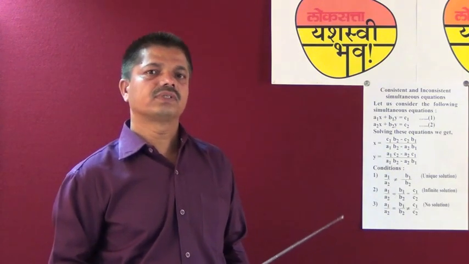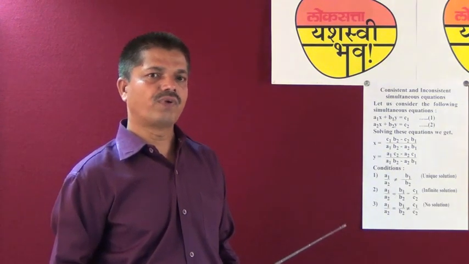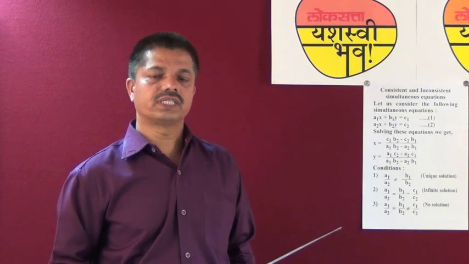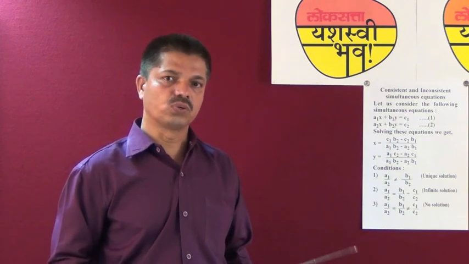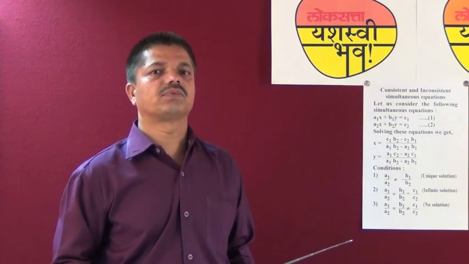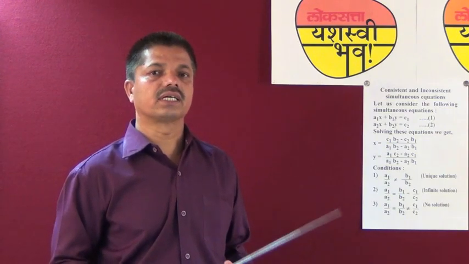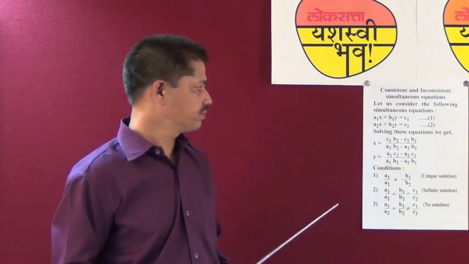In such type of equation, you will find that the solution is always unique, and as it has solution, we will call such type of simultaneous equation as consistent equations.